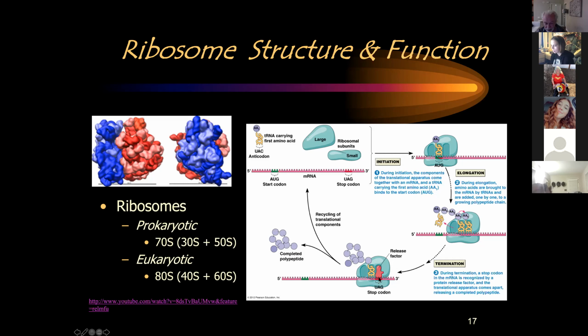Every message has a stop codon in it so that the ribosome knows that's the end of the protein. Then there's a release factor. The protein is released off to do its job somewhere, and the machinery is recycled. It goes back and starts all over again.